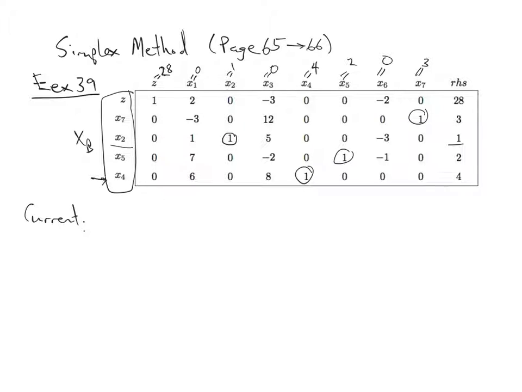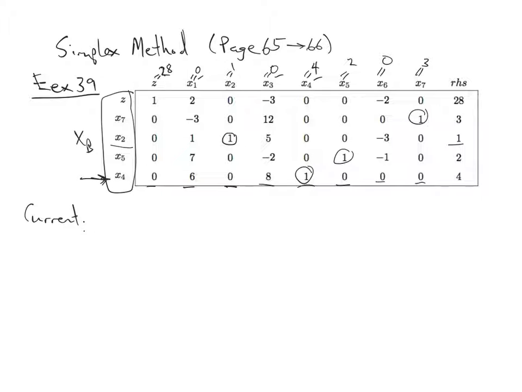For example, for x4, the bottom row equation says 0z plus 6x1, but x1 is 0, so that's ignorable. Then 0 times x2 plus 8 times a 0 variable, and so on. The zeros disappear, and the only thing we get is 1 times x4. So this whole row just says x4 equals 4. The basic variables are very easy in that way.